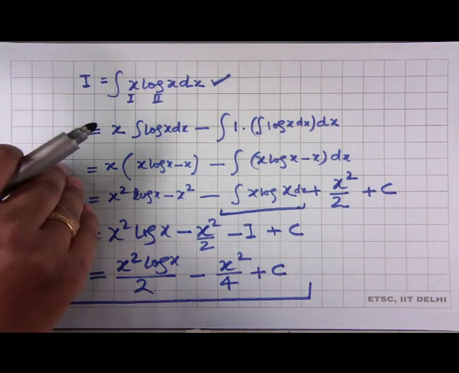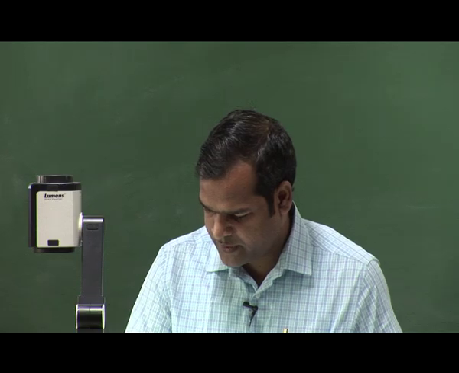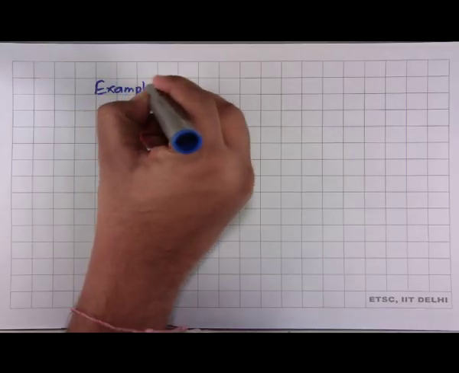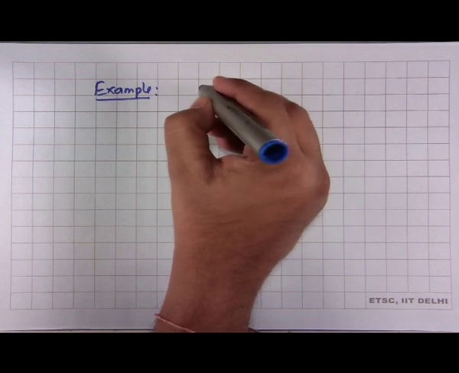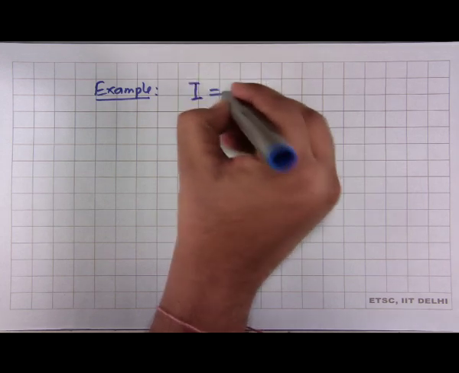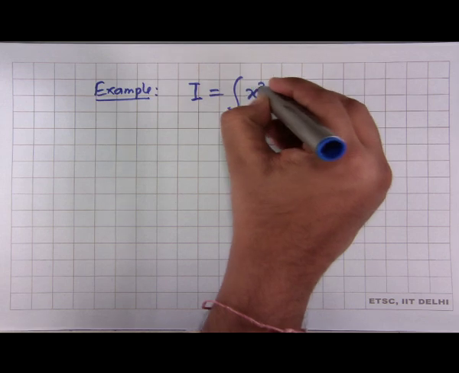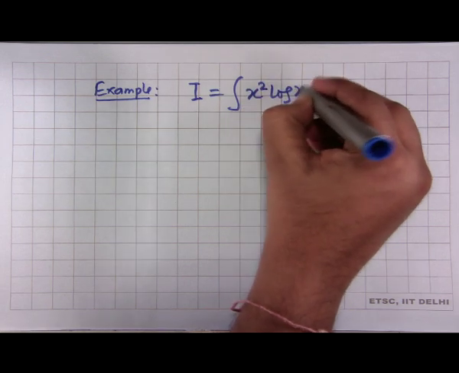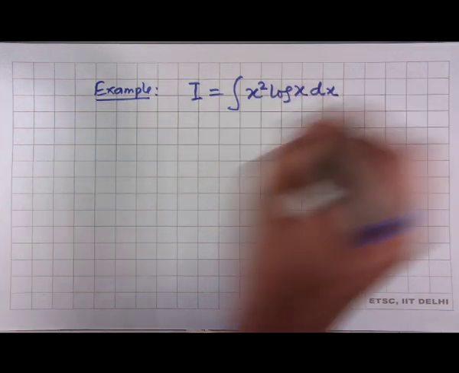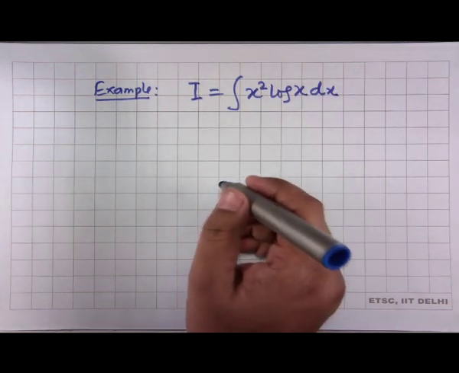I will give you another example, which I shall not solve. Look at this example: evaluate the integral of x squared log x dx. Use both the techniques which I told you.